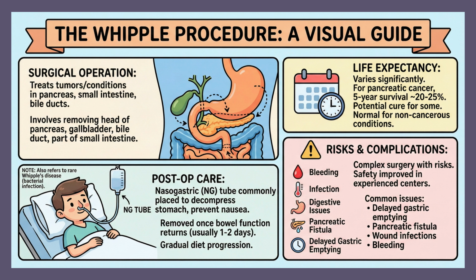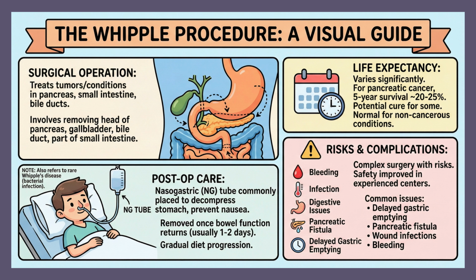Life expectancy after a Whipple surgery, the pancreaticoduodenectomy, varies significantly but often involves a 5-year survival rate of 20 to 25% for pancreatic cancer. Though it can be a potential cure for some, outcomes are better for those with negative lymph nodes and those receiving adjuvant therapy.